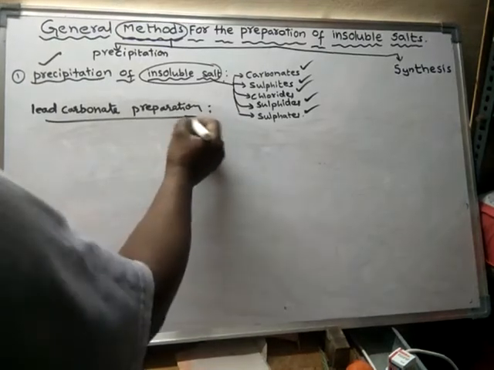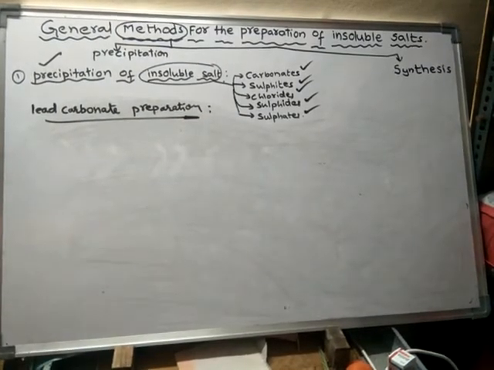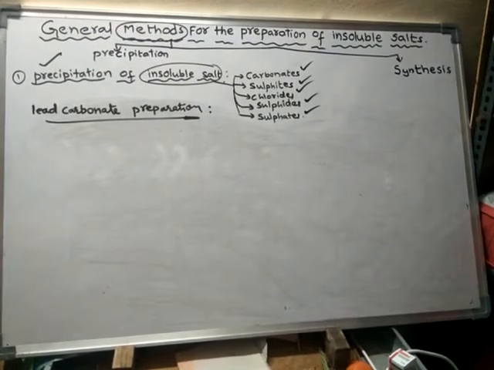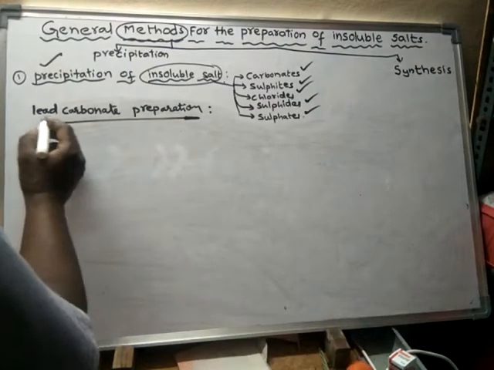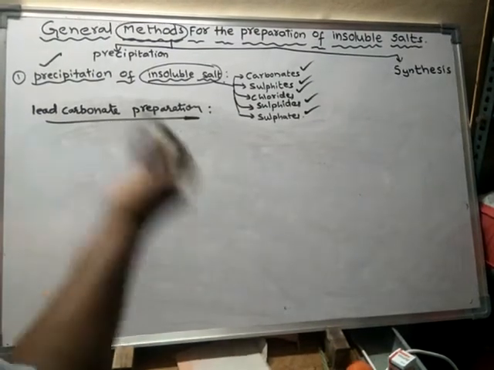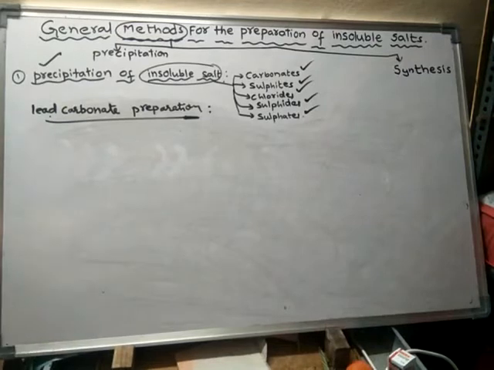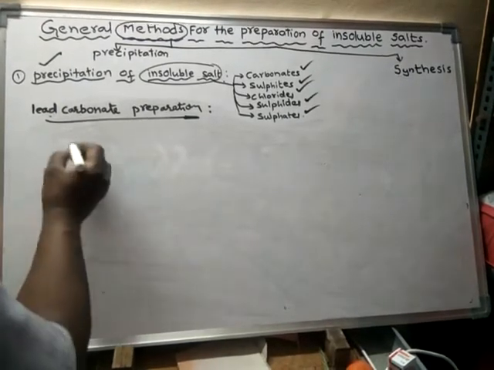For the preparation of lead carbonate, we require two salt solutions. Which salt solution may we take? Any soluble salt of lead. Okay, let us take lead nitrate.